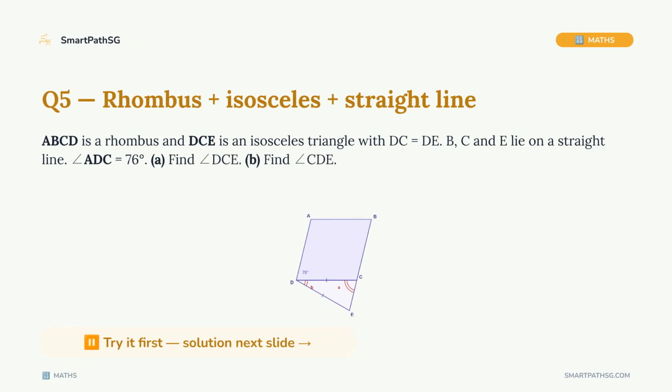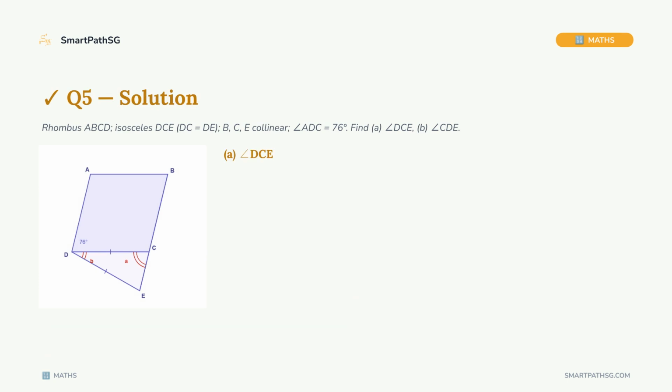Question 5. ABCD is a rhombus and DCE is an isosceles triangle with DC equals DE. B, C, and E lie on a straight line. Angle ADC equals 76 degrees. Find A, angle DCE, and B, angle CDE. As adjacent angle of the rhombus, angle BCD is 180 minus 76, which is 104.